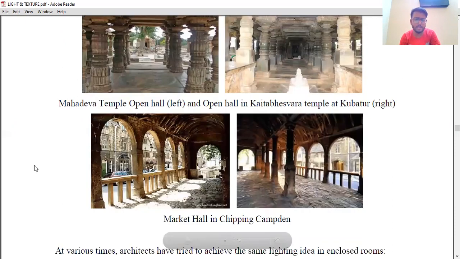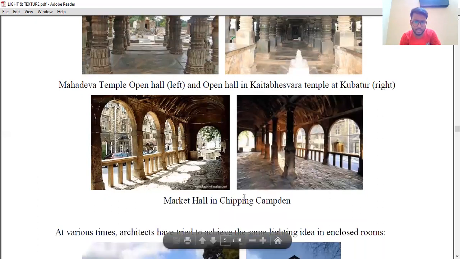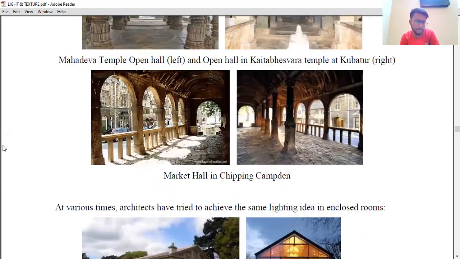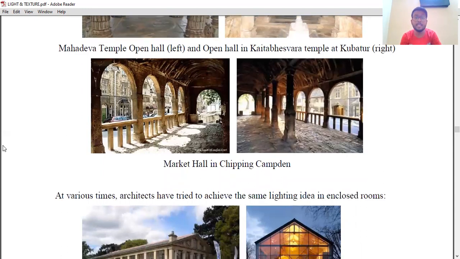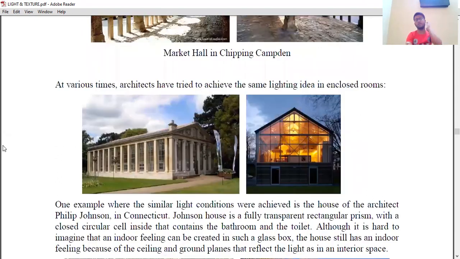If we move below, we can see the market hall in Jingping Company. A similar thing, with some arches, a bit differently constructed depending on the place this architecture has come up from. At various times, architects have tried to achieve the same lighting idea in closed rooms.